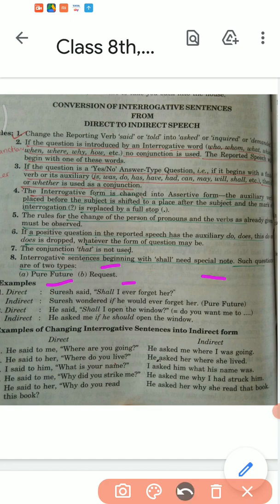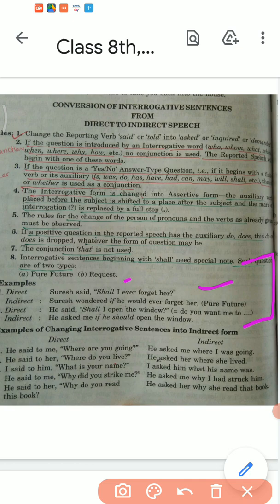Here a few examples are given for understanding of the interrogative sentences. Suresh said, shall I ever forget her? And Suresh wondered, we will put here if. Shall will come according to the condition. It will come after the subject.